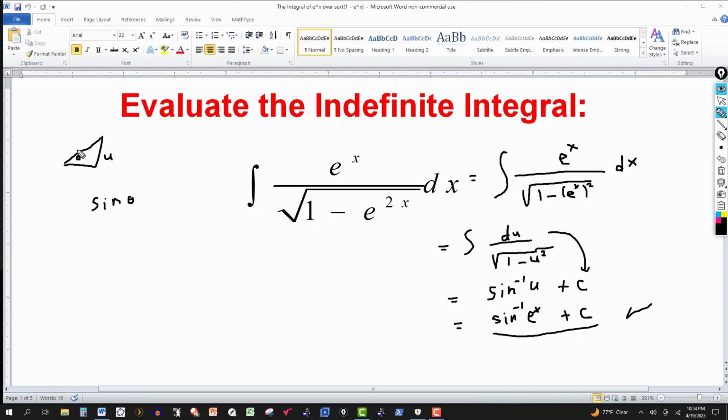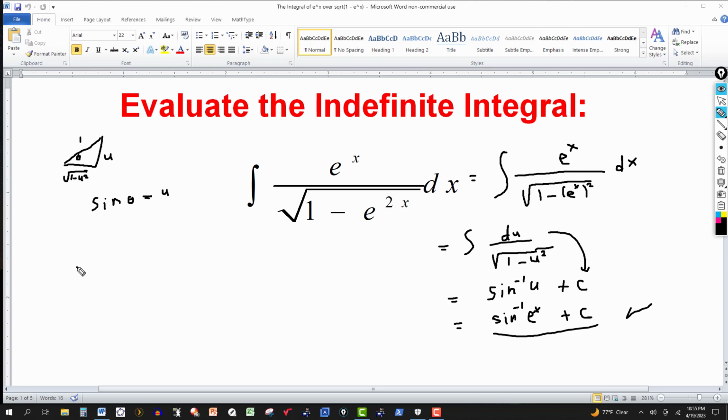Sine of theta is u over 1 then, and this side would be the square root of 1 minus u squared. You know, that can be verified by the Pythagorean theorem: u squared plus the radical 1 minus u squared squared is equal to 1. So I'm going to say sine theta is equal to u over 1, which of course is u.